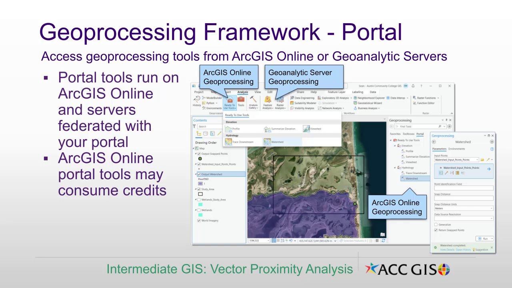And if you look on the right-hand side of your screen, you can see that you can access these ArcGIS Online portal tools from the analysis ribbon's Ready to Use Tools button, as well as the portal panel in the geoprocessing pane. And notice that it's the same portal tools accessible in both places. And I'm guessing that this list of tools will expand as Esri moves more of the geoprocessing from the desktop into the cloud.